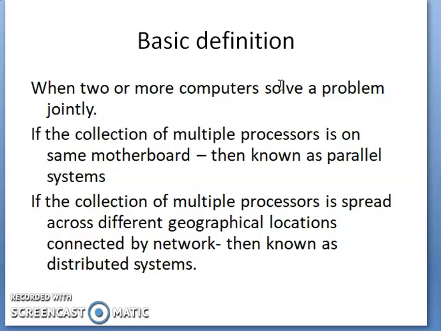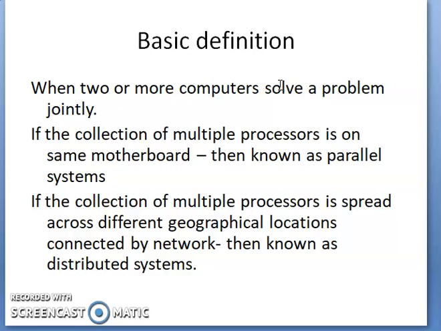And how we differentiate between them is, in the parallel system, the collection of multiple processors that we have is on the same motherboard. That means within the same CPU tower we have more than one processor mounted on a single motherboard, and all the processors are going to be on the same computer.